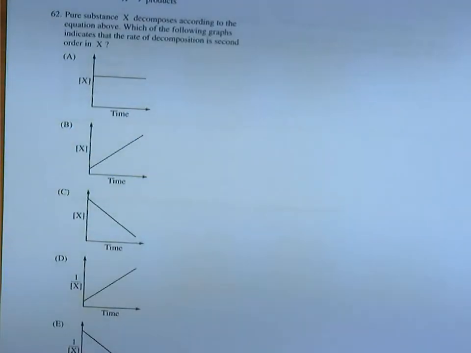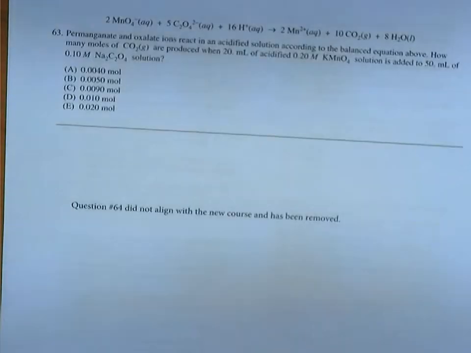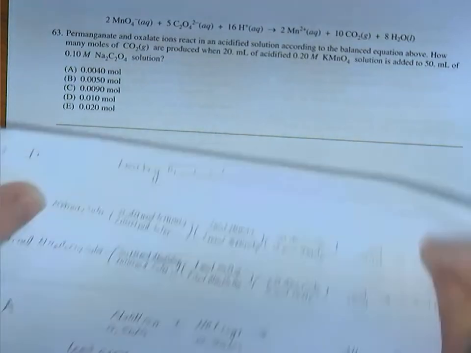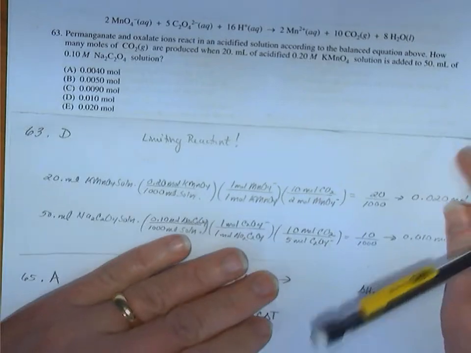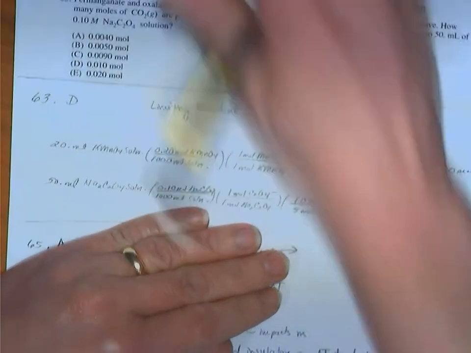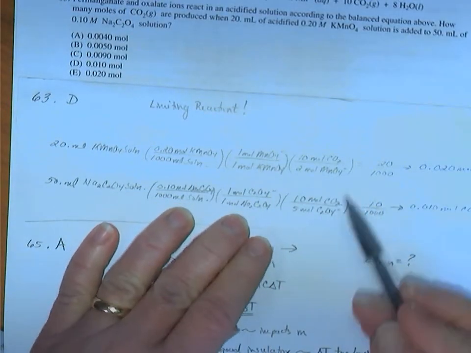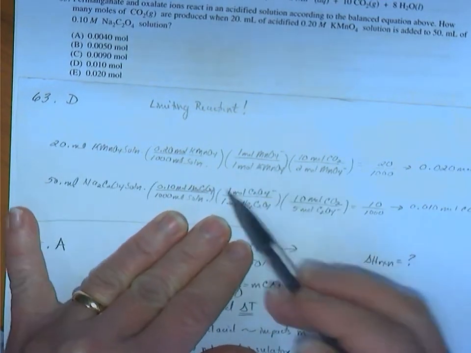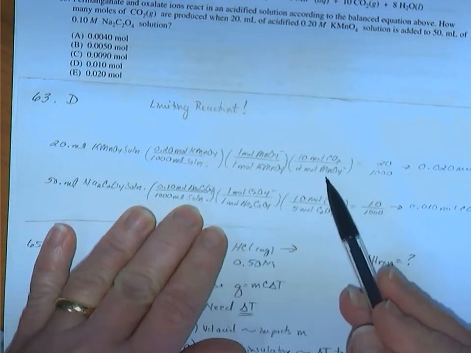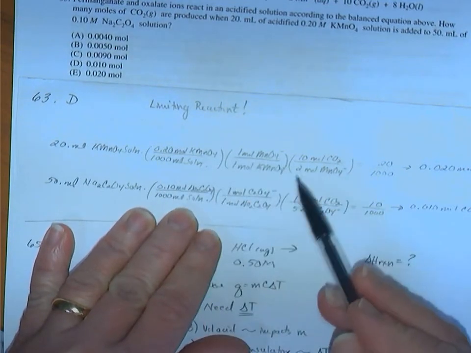Okay, so on to 63. It's a limiting reactant. Now, your work, I'm sure, would take much less time than mine, because I wrote out all of my full units. So the math is very cooperative. What I did is just reduced where I could.